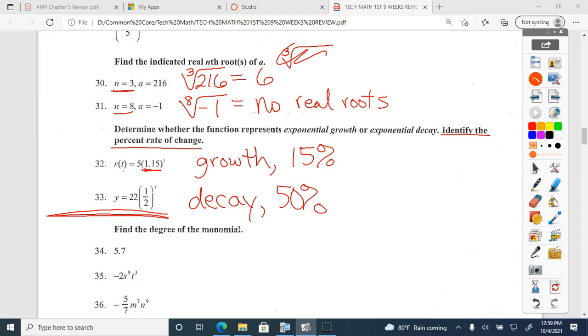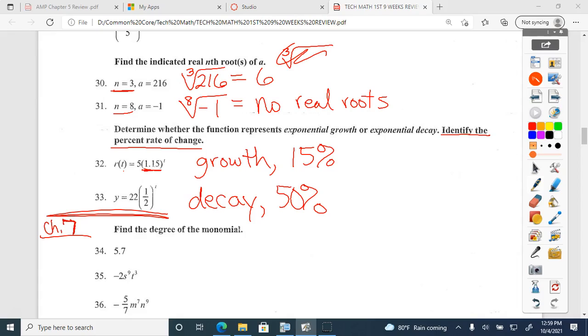Okay? Starting at number 34 is where chapter 7 starts. Well, you need to take that test, by the way, at some point. All right, so 1 to 16 is chapter 5. 17 to 33 is chapter 6.